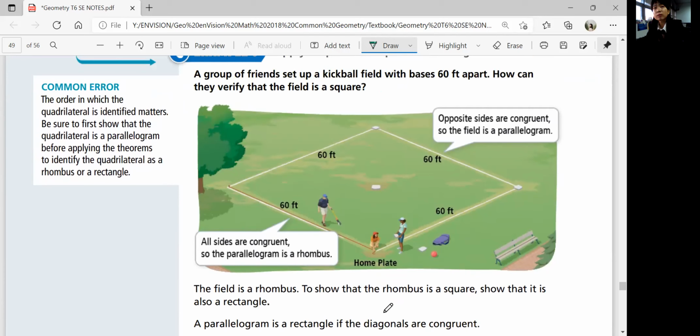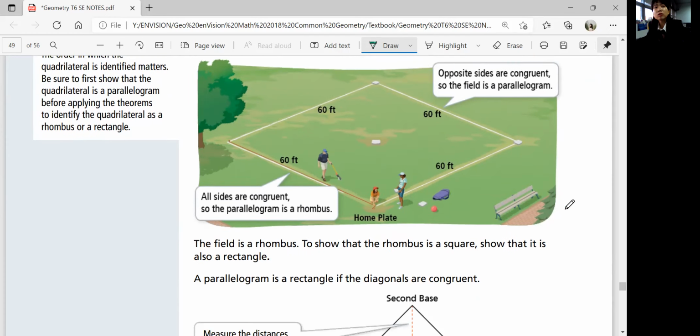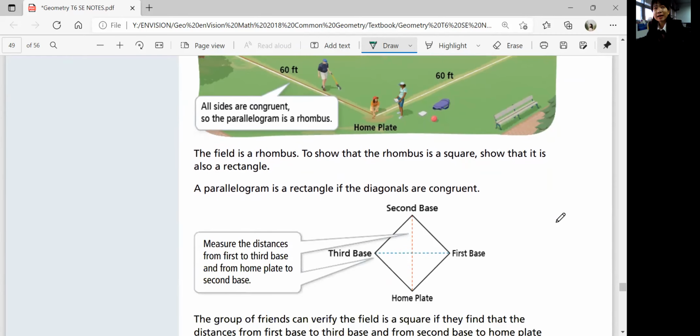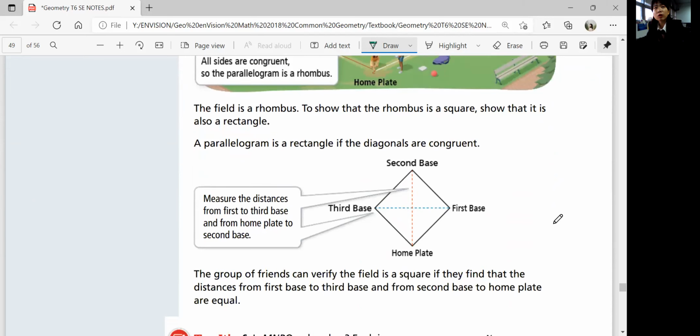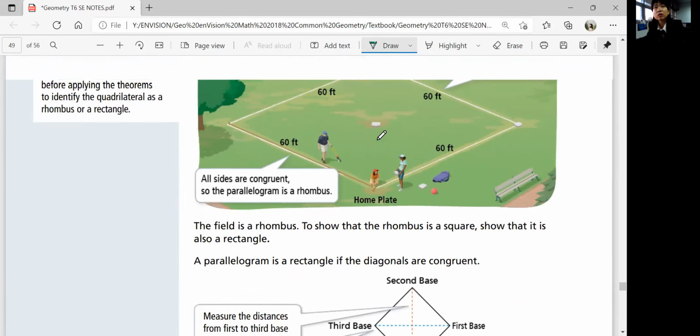You can show that the rhombus is a square by proving it's a rectangle as well, right? A parallelogram is a rectangle if the diagonals are congruent. So you can measure the distances from the opposite plates.